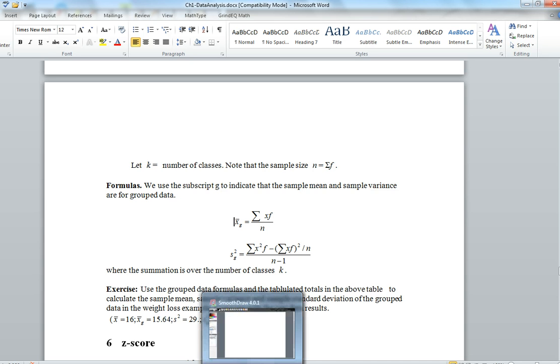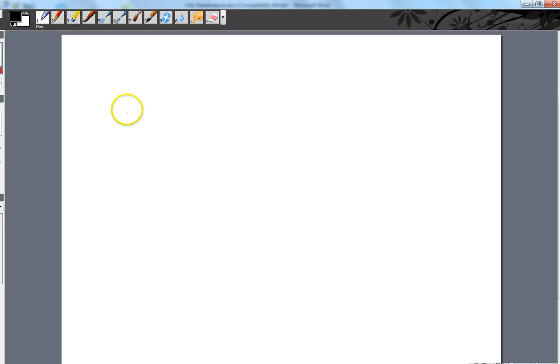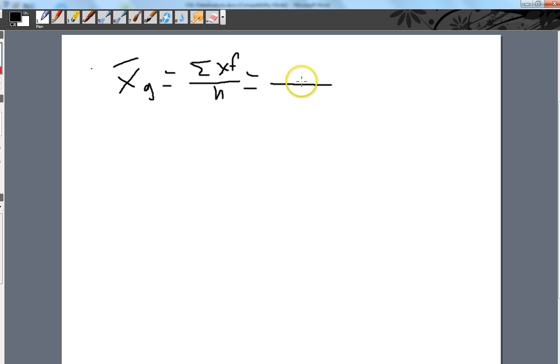And so now I want to switch to showing you by hand how to do this. So I have x bar G is equal to, first you put the line, so that's the sum of xf divided by n, and if I substitute here, my xf total is equal to 391.